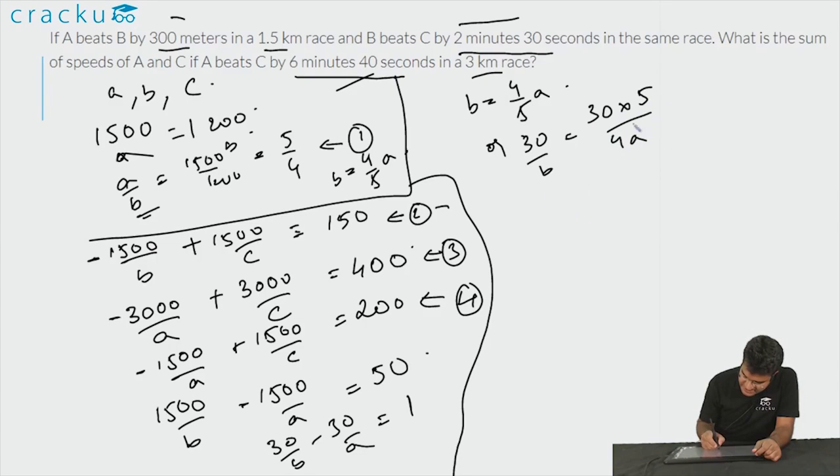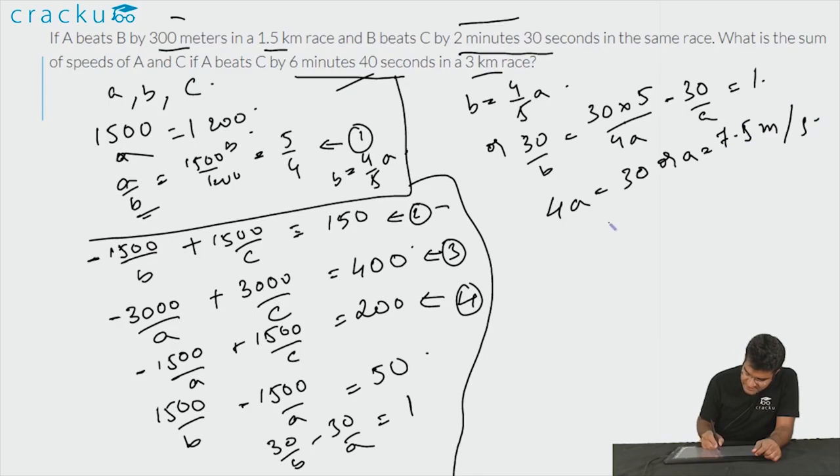Now 30 by b minus 30 by a is equal to 1. So 4a is equal to 150 minus 120, which is equal to 30, or a is equal to 7.5 meters per second. b is equal to 4 by 5 into a, which equals 6 meters per second.